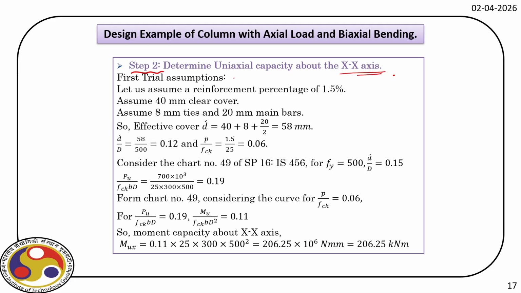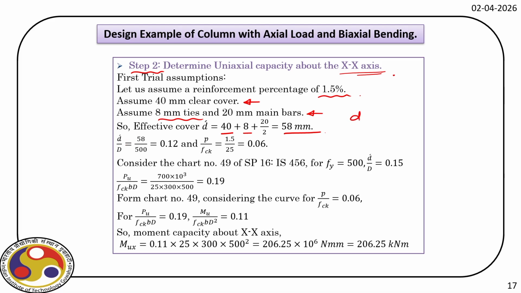For that, the first trial assumption is that we start with a percentage reinforcement of 1.5%, and then assume 40 millimeter clear cover, 8 millimeter tie and 20 millimeter main bars. So effective cover is the clear cover plus the diameter of the tie plus half the diameter of the main bar, so it is 58.